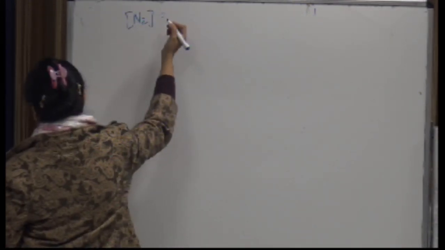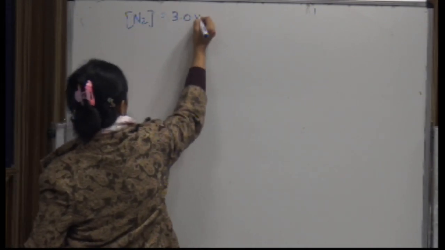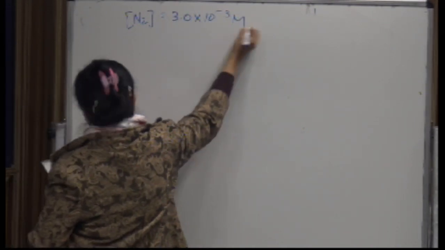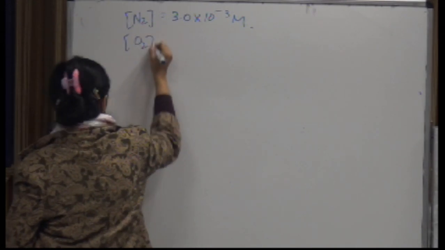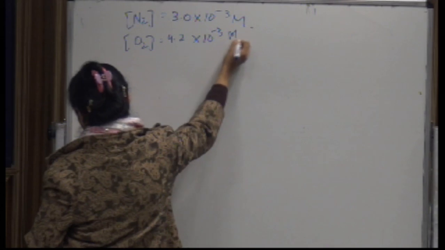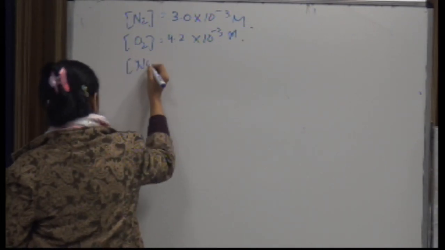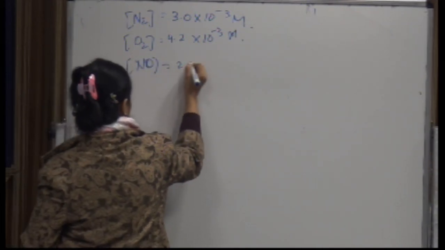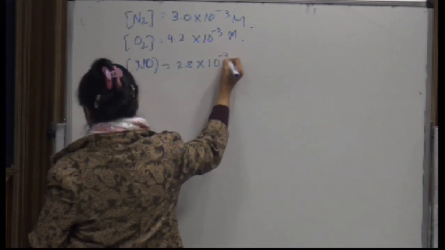I am writing down these concentrations again. N2 is equal to 3 into 10 to the power minus 3 molar, O2 is equal to 4.2 into 10 to the power minus 3 molar, and NO is equal to 2.8 into 10 to the power minus 3 molar.